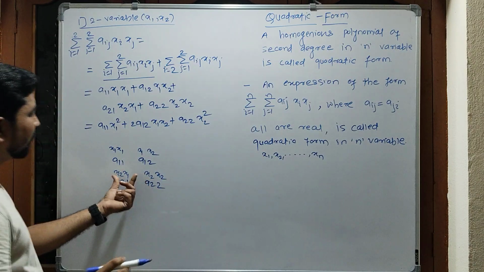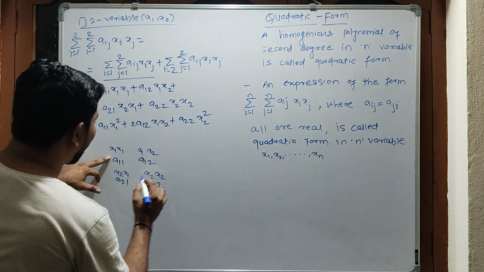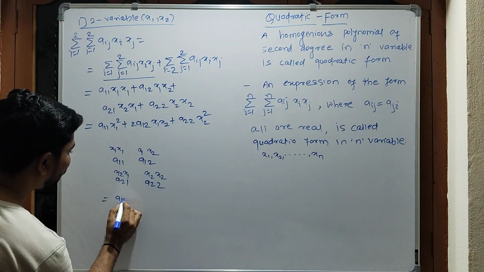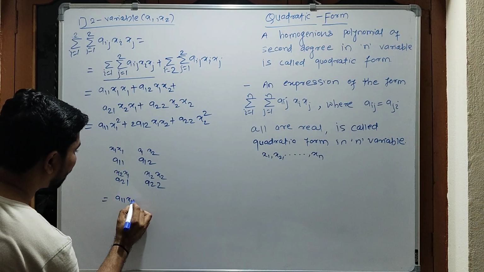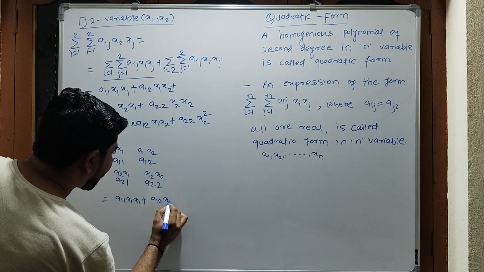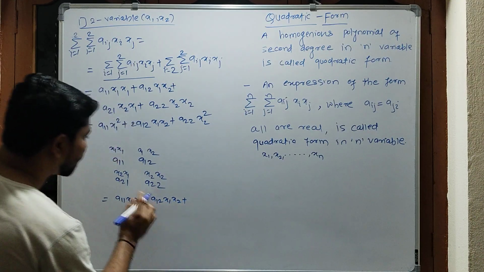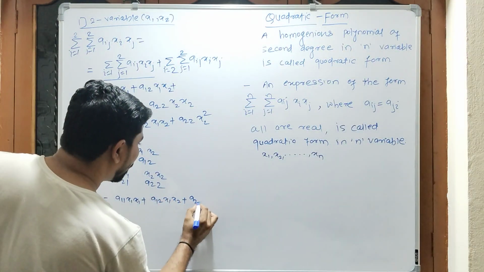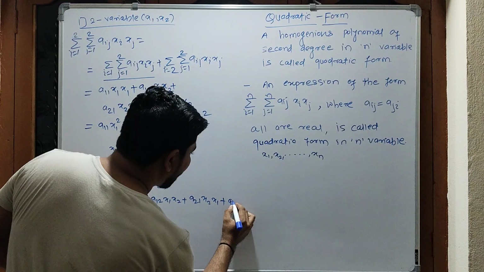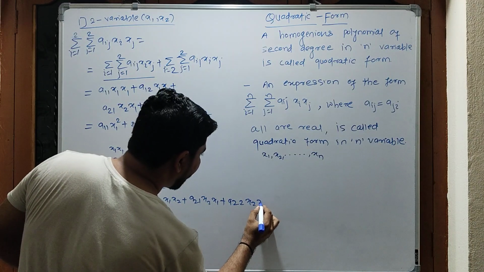So in this way you can write it. Can I write here, this is the same as A11 times x1 and x1, plus A12 x1 and x2, plus A21 x2 and x1, plus A22 x2 and x2.